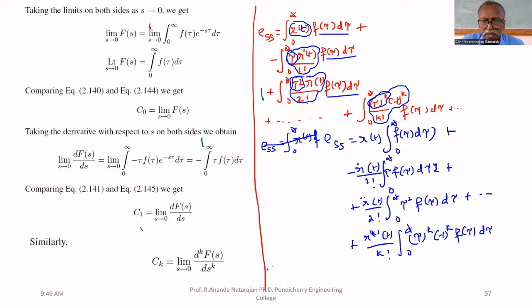This can also be written as E steady state equal to this. This can be called C naught, a constant, because integration with limit is a constant. That's why we can replace this by C naught r of t.